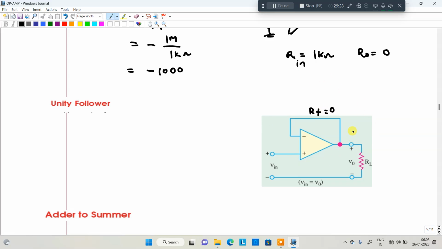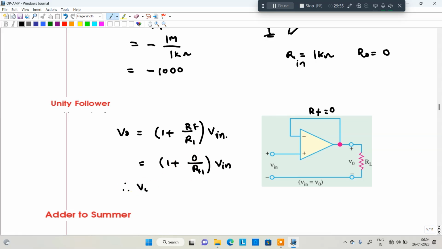You know the non-inverting amplifier formula: V0 is equal to 1 plus RF divided by R1 into V2 or Vin, the input voltage. Got my point? Now this RF is equal to 0. So 1 plus 0 by R1 into Vin. Finally this becomes 1 into Vin. V0 is equal to Vin.